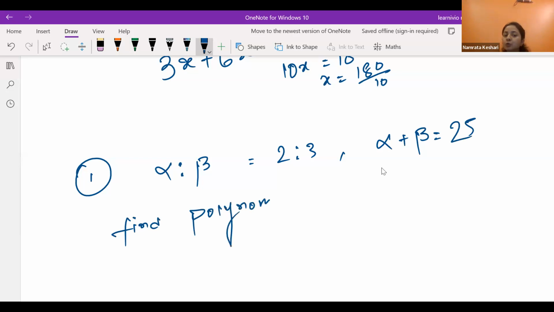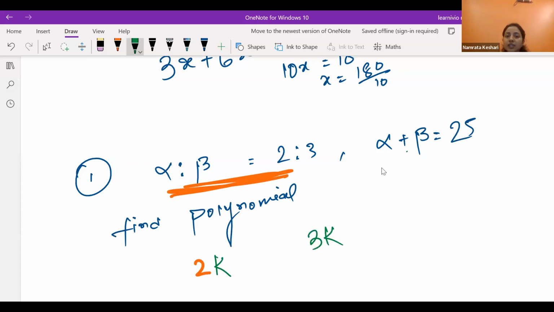You don't know how to solve this question, but you know how to deal with ratio. Alpha can be taken as 2x or 2k. Better to take 2k because we are going to frame a polynomial out of it. Beta can be taken as 3k. Now the sum is given as 25, so these two added together will be 25. That means 5k is 25, so k is 25 by 5, that means 5.